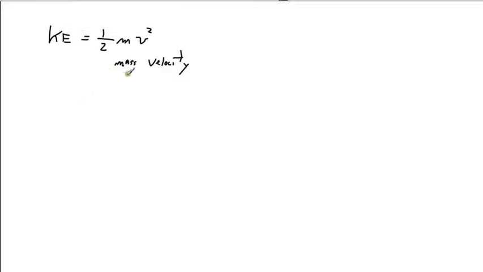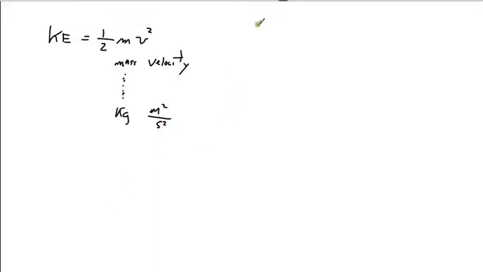So our units, after we calculate whatever we have for kinetic energy, are going to be kilograms, meters per second. Oh, but there's a squared, which means we get meters squared over second squared.